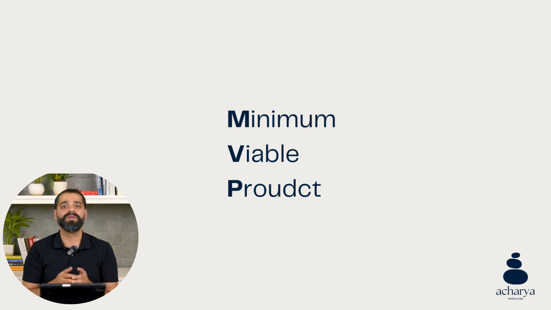In simple words, an MVP is a minimum viable product. Minimum meaning it is the most stripped down version of your final product. It solves one or two core problems that your user is facing without adding tons of additional features right now. I'm not saying you won't add them in the future. All I'm saying is right now is the time to actually test your solution with the people.